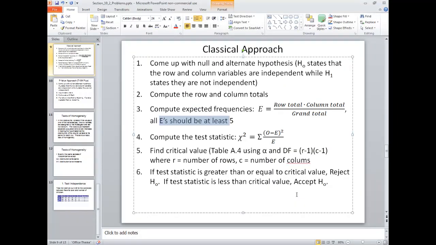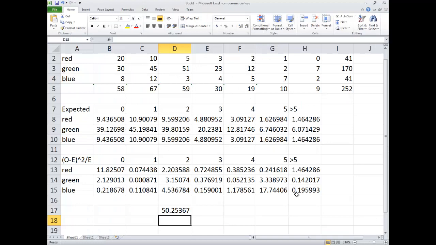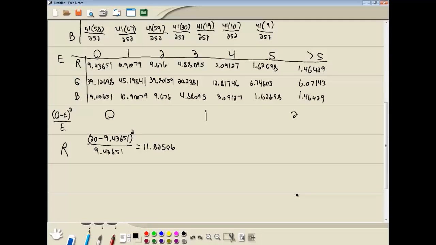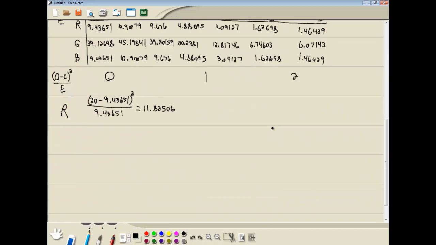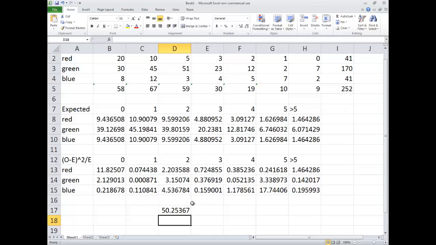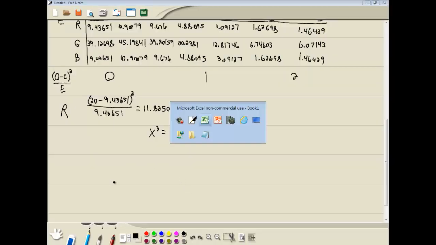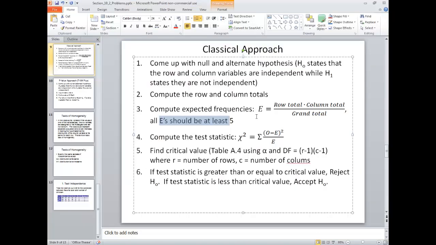Assuming I didn't screw up on some of my basic math, our chi-square, our test statistic, is 50.225. So, chi-square is 50.25.